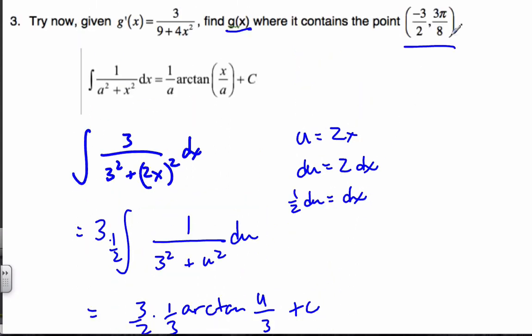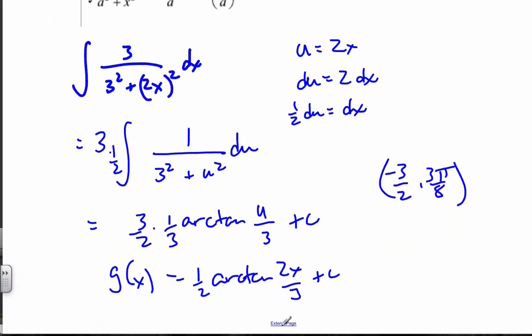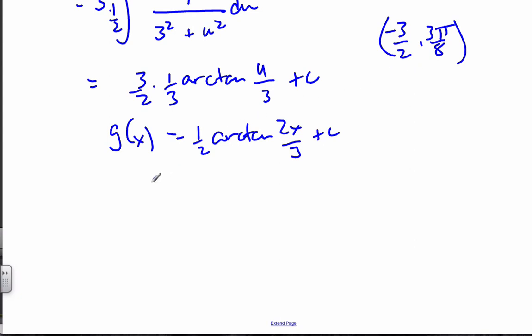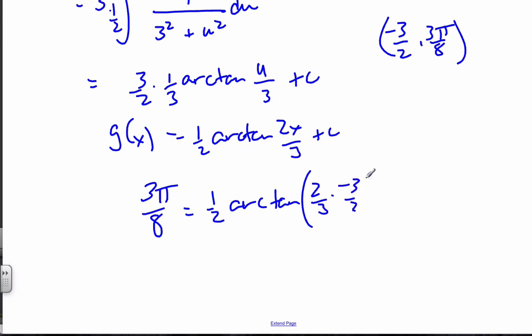Now I need this point here to help me find the c value. Here is my point. I take that value and I plug it in, and so 3 pi over 8 is equal to 1/2 arctan of 2/3 times -3/2 plus c. Convenient that this is so. So it's equal to 1/2 arctangent of -1 plus c.